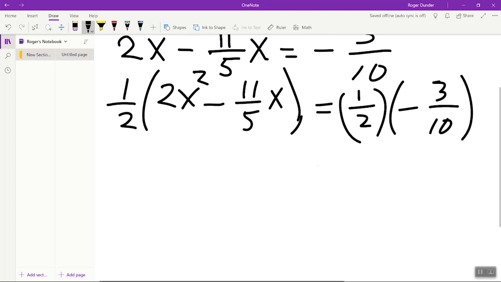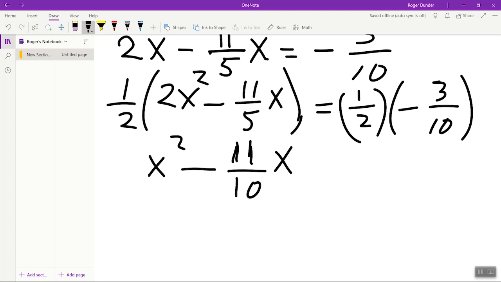1/2 times 2x squared is just x squared. Subtract 1/2 times 11 over 5 is 11 over 2 times 5, which is 10. So this is minus 11 over 10 x.